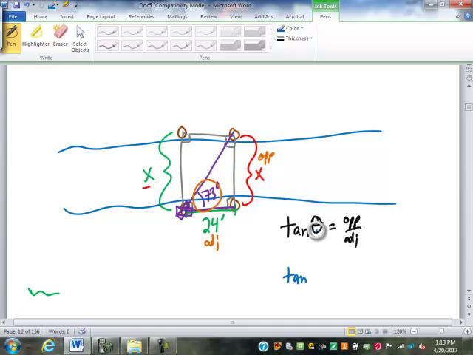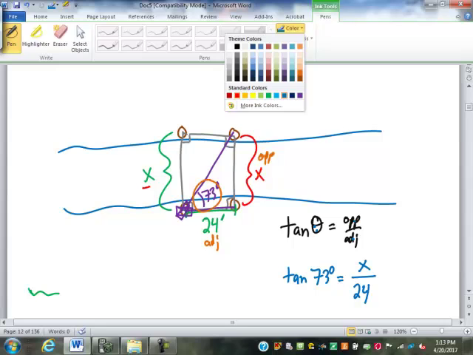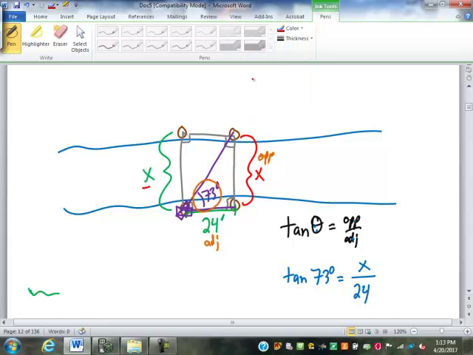Do I know this angle theta? 73 degrees. Do I know the opposite side? No, that's x. That's what I'm trying to find. Do I know the adjacent side? 24. Now I have to ask myself, am I looking for an angle or am I looking for a side? I'm looking for a side. Remember, if we were looking for an angle, that's when we use the inverse trig function.